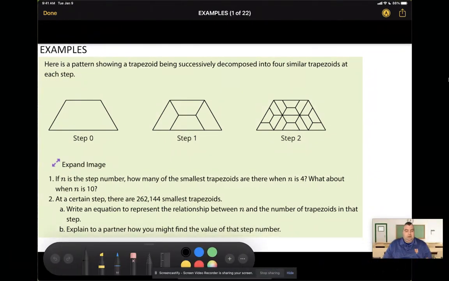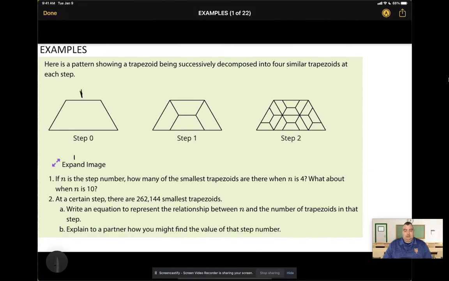We start with one trapezoid, then we go to 1, 2, 3, 4 trapezoids. Then we have 1, 2, 3, 4, 5, 6, 7, 8, 9, 10, 11, 12, 13, 14, 15, 16. So it would appear that we are quadrupling each time.